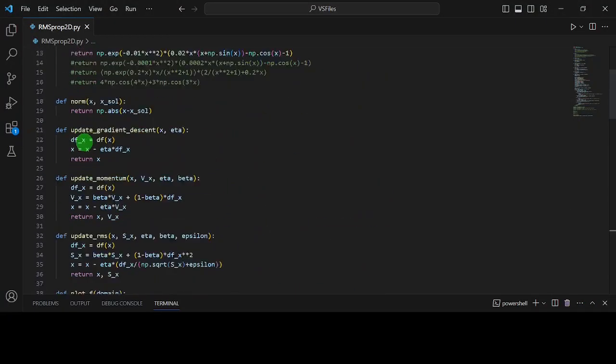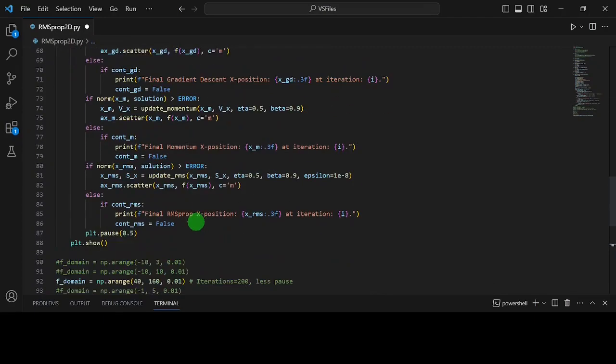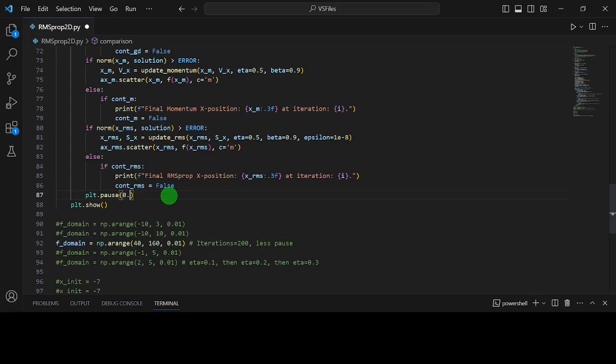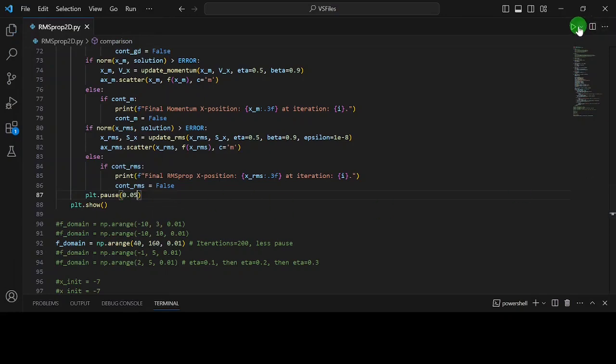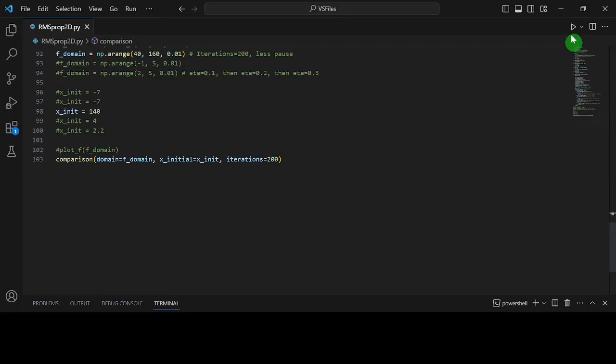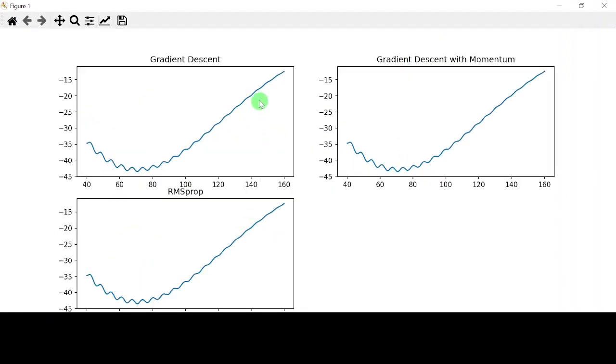All right, let's look at another one. And I'm gonna make this one a little bit faster because it would take too long if I keep the pause higher. All right, I think that is good for that one. So this one we're starting up here in all these cases. And you can see that RMSprop goes very quick at the start.